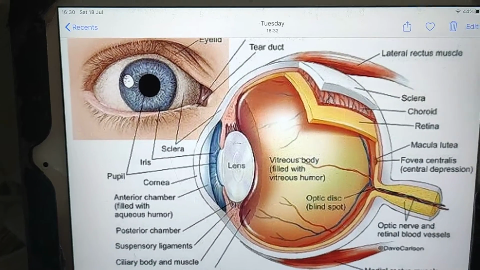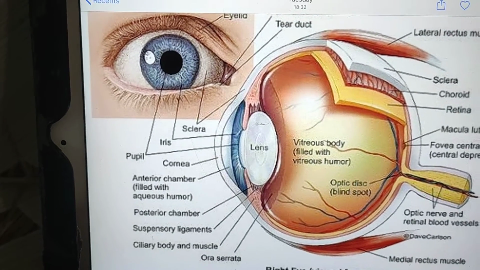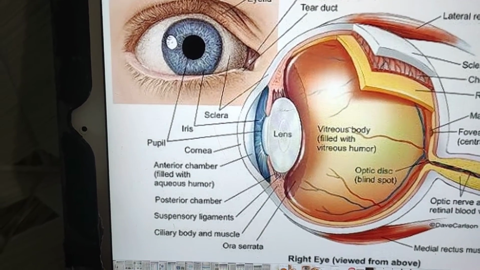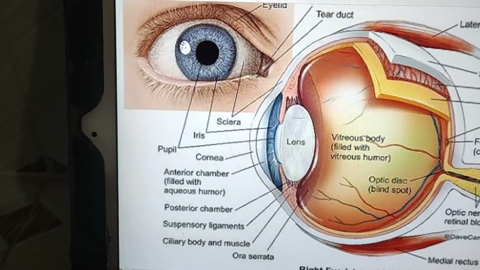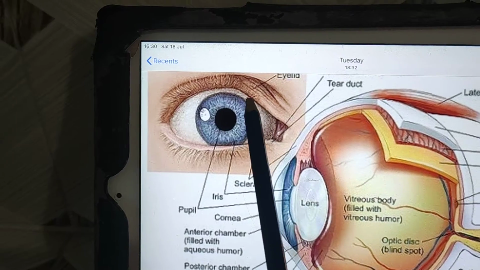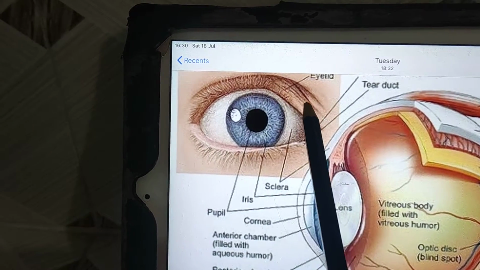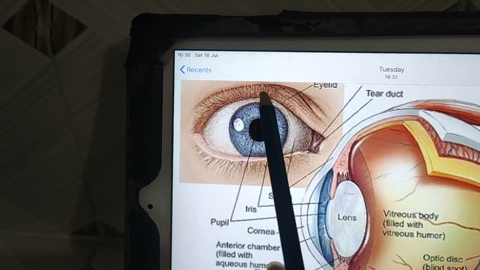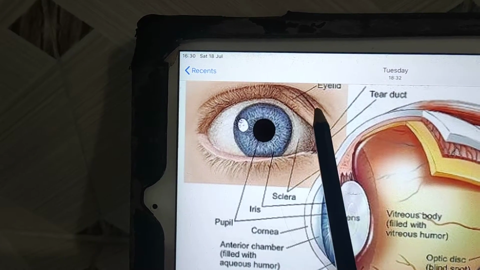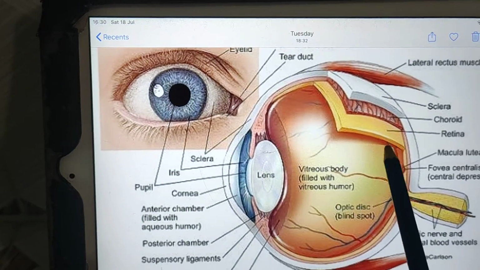Okay, first of all we discuss what is eyelids and its function. Eyelids, in the picture you see the outer part, the outer covering of our eye. That part, the outer covering of our eye, this is called eyelid.